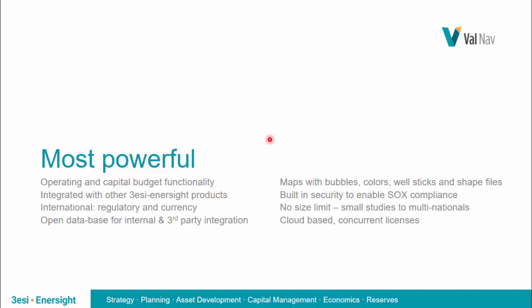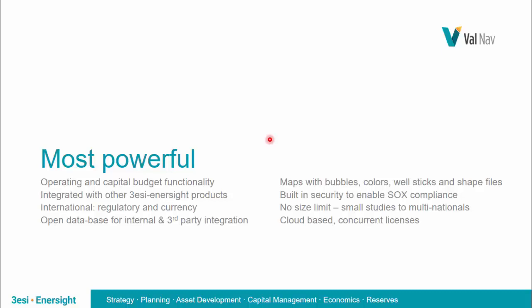Value Navigator also comes with maps that can be very useful for you. You can bubble almost any parameter you want, whether it's economic values or input parameters, lengths of wells, size of fractures. Any data that you enter into the software can be bubbled.